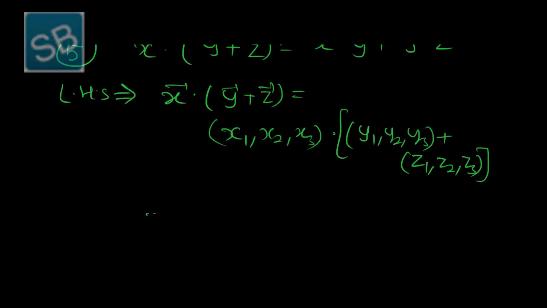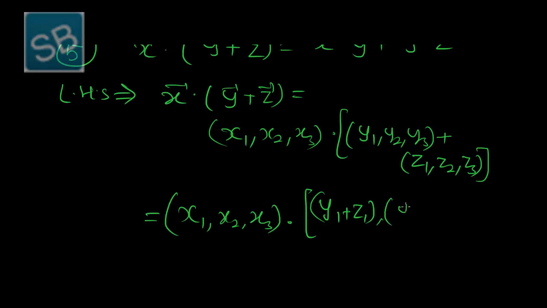So we get x1, x2, x3 dot y1 plus z1, y2 plus z2, y3 plus z3.